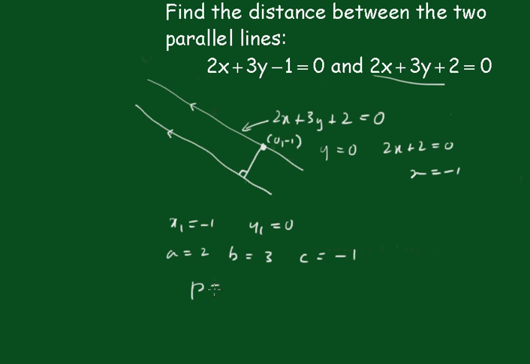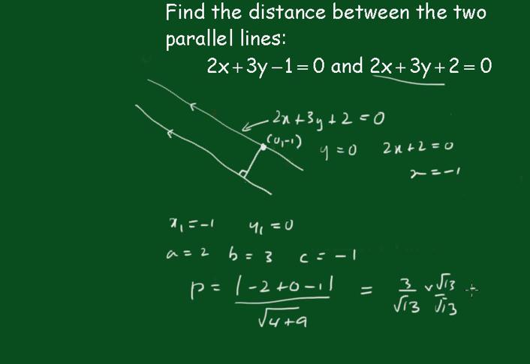So p equals -2 plus 0 minus 1 all over the square root of 2 squared, which is 4, and 3 squared is 9, and that becomes simply 3 over root 13. Or if you rationalize that, you get 3 root 13 over 13. It's probably not necessary really to rationalize.